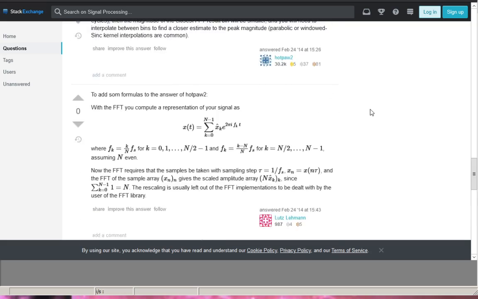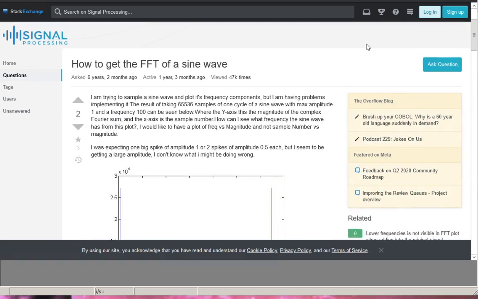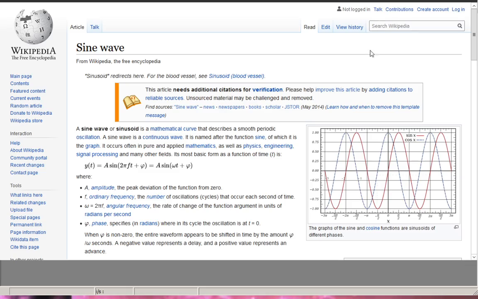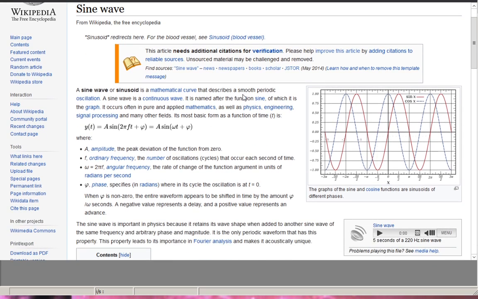It's a filter, see? Well, y equals A sine of x. Phase is the difference where it starts or something.